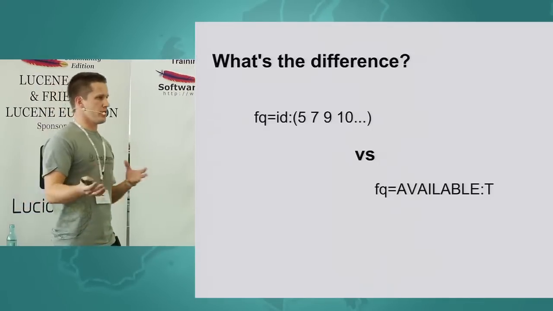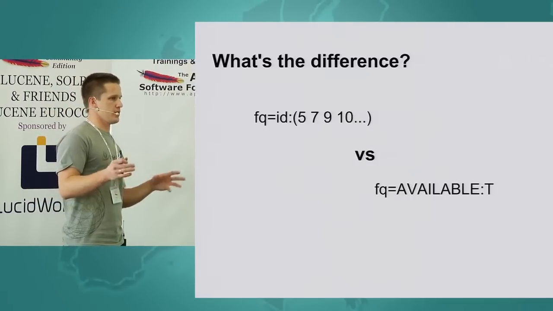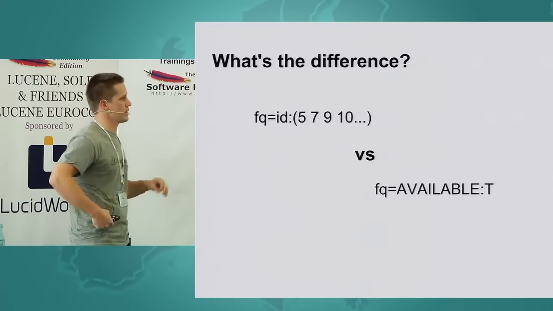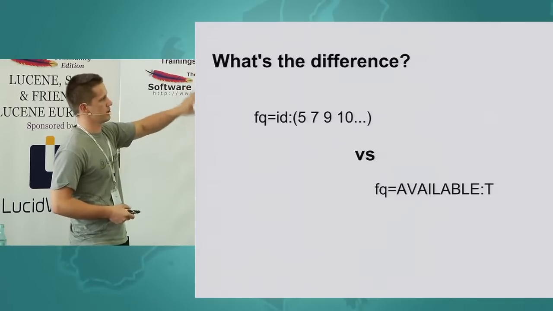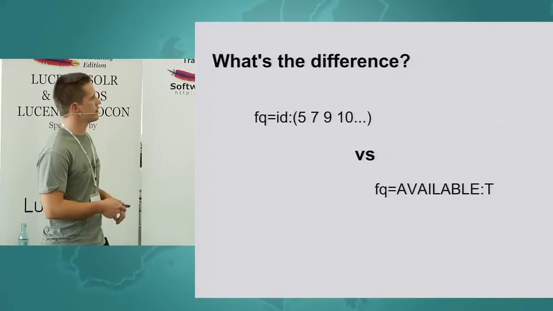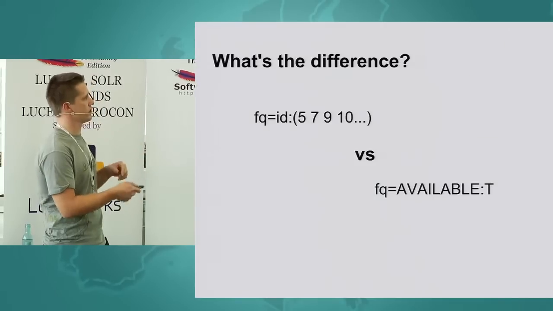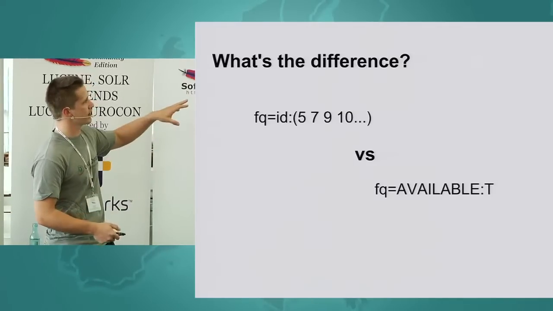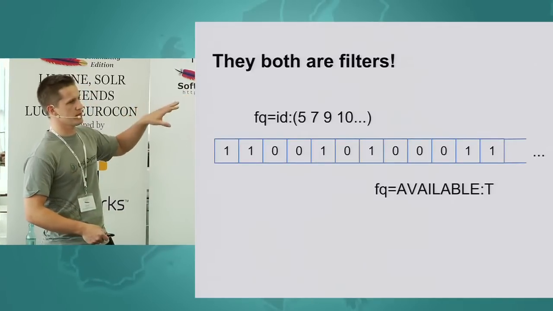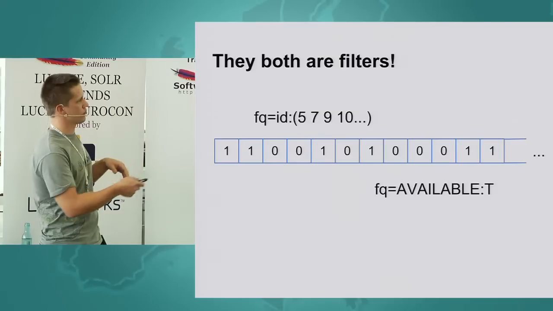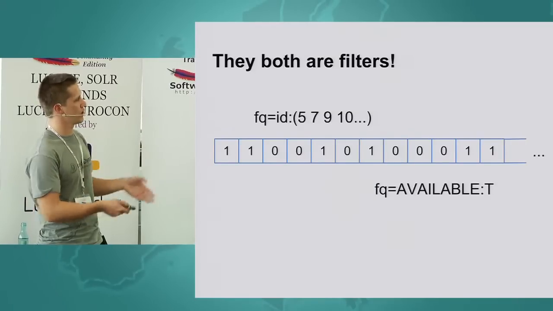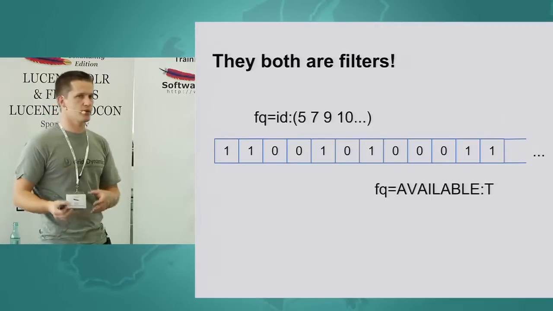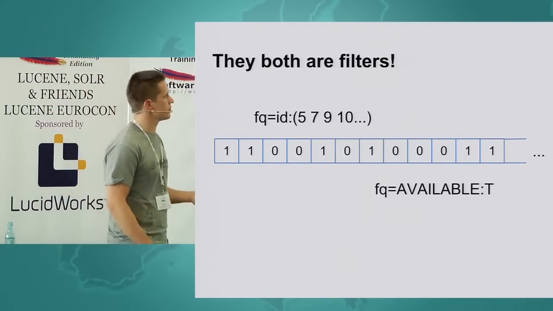Let's review both approaches, both architectures, and try to get something valuable from the difference between them. They're different just by the form of the availability filter, right? But in fact, both of these filters are the same. They're just a bit set. It's just two different forms of bit set. One is the most efficient, and the other one is more expensive, right?